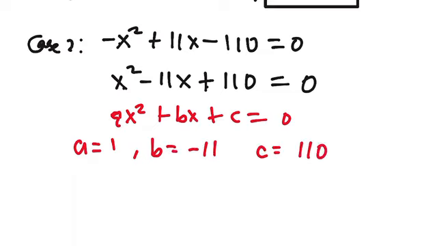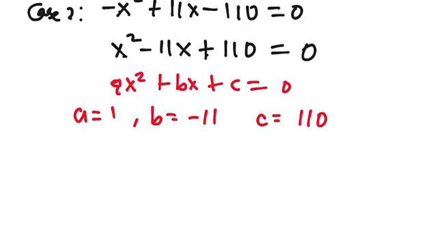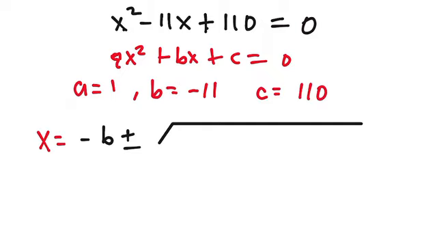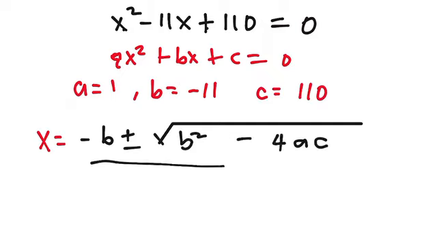All right, so from there, the next thing we're going to do, we are now going to find the value of x using the quadratic formula that says x equals minus b plus or minus the square root of b squared minus 4ac, divided by 2a.